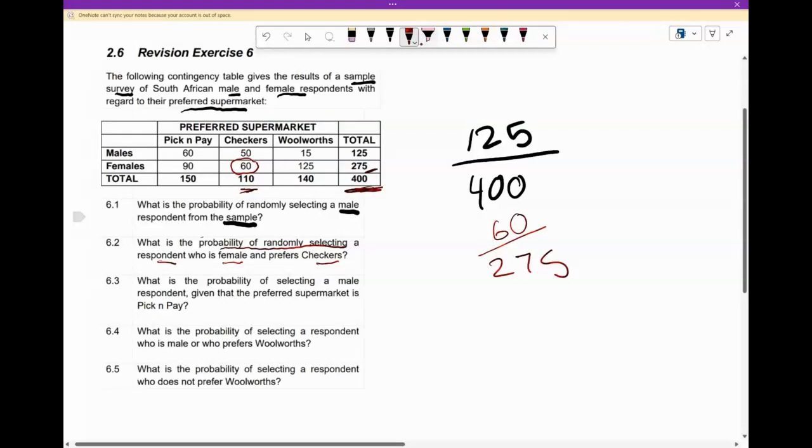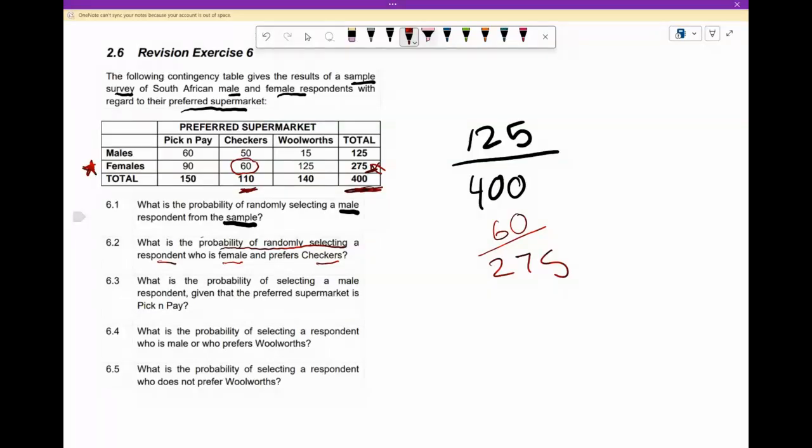Can you see? Because this 275 only pertains to females. And the 110 is for Checkers. So again, if we were saying we're only selecting from Checkers respondents, does it make sense?